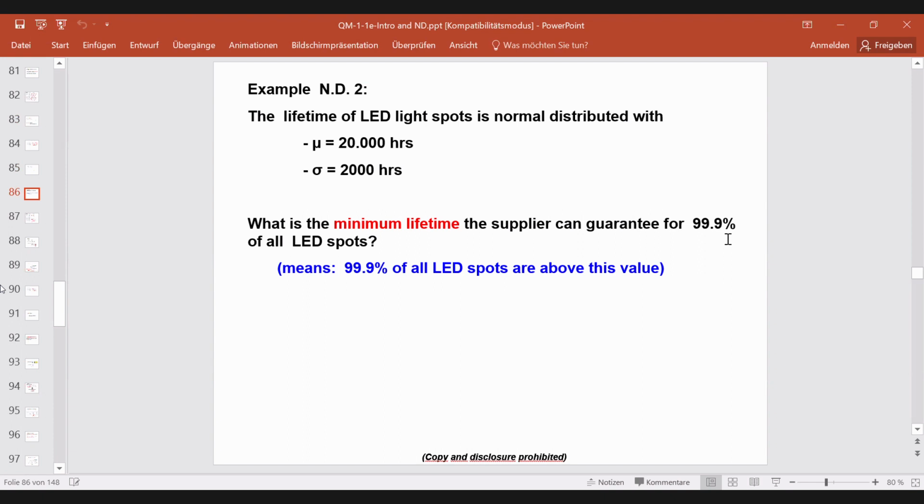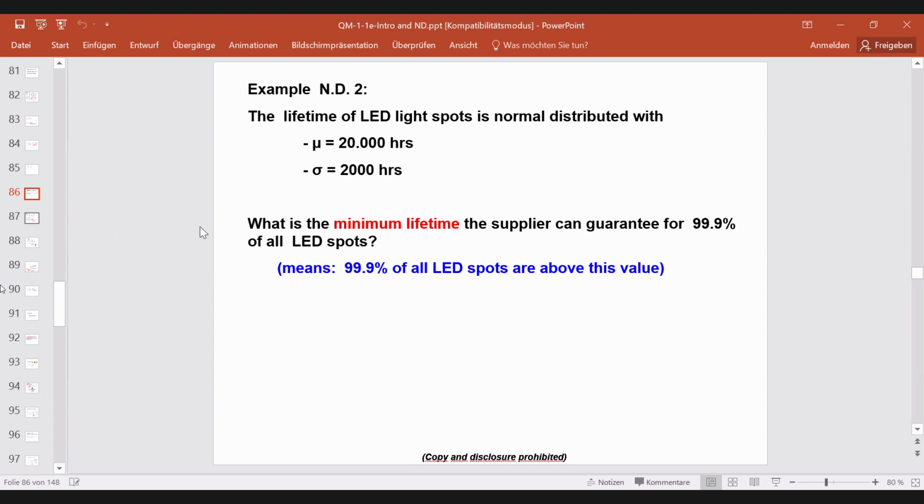This means 99.9% of all the LED spots are above this value you want to know, the minimum lifetime. Well, it is a single-sided threshold and it is a lower threshold.